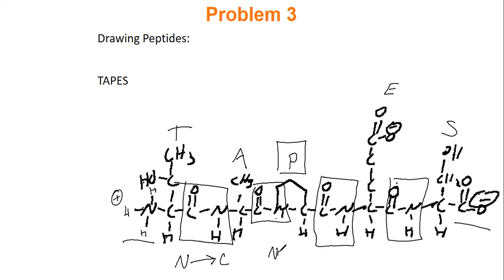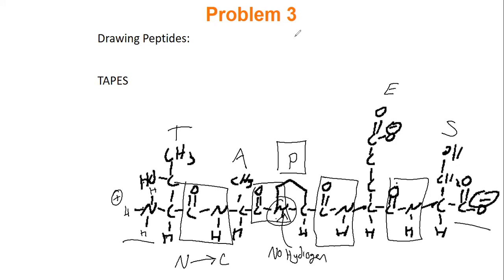What that means is that any peptide bond that has proline in it is missing the hydrogen from the nitrogen. And that's very important when we talk about protein structure, so keep that in mind when we get to chapter 5.